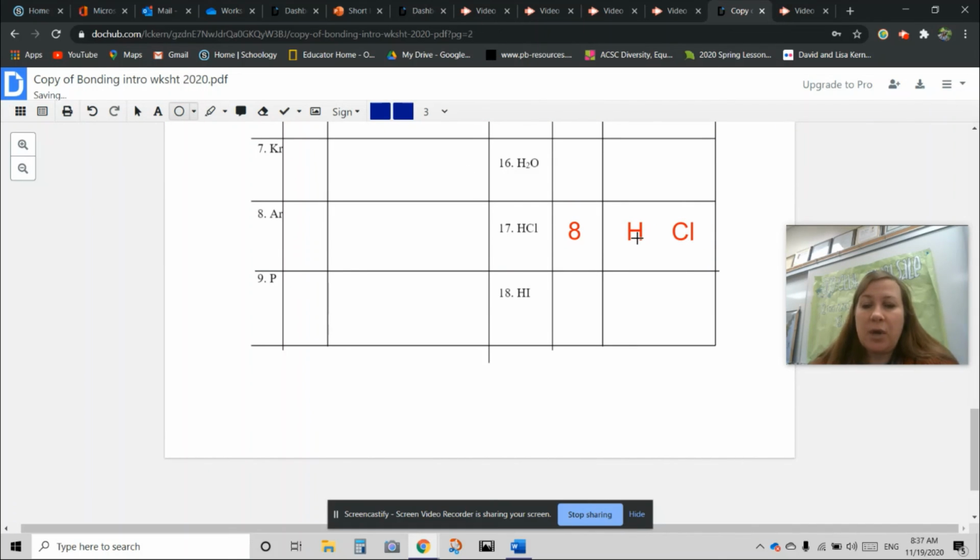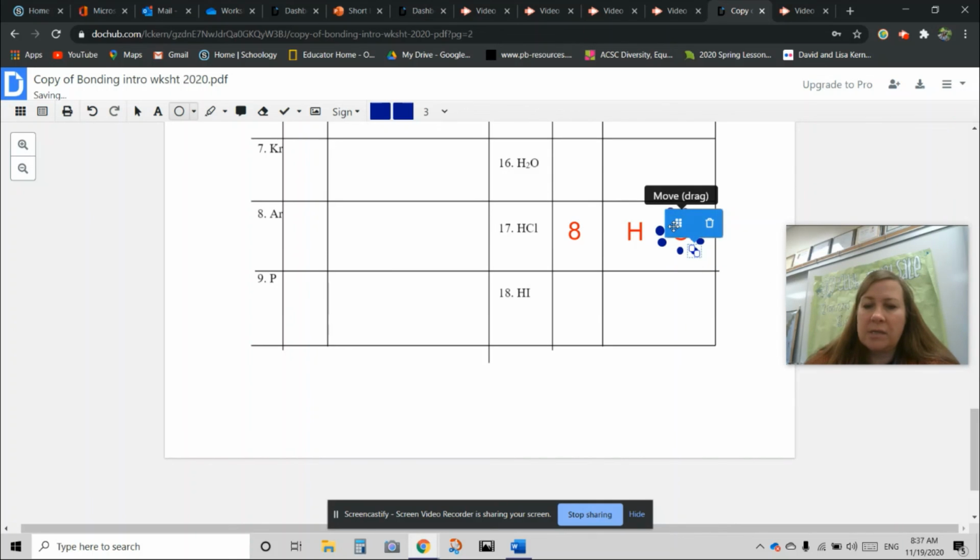Now, if you recall, hydrogen only wants 2, so that's kind of a pain. I'm going to go ahead and draw my chlorine valence electrons in. 1, 2, 3, 4, 5, 6, 7, 8.